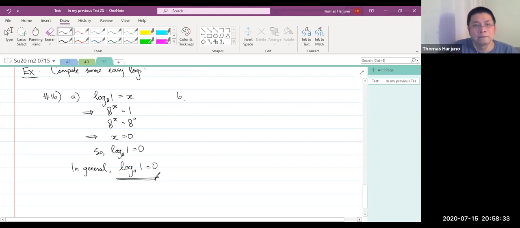Part B. Log base 9 of 9 equals what? Let's call that x for now. So in exponential form, 9 to the x equals 9, which we can write as 9 to the 1.